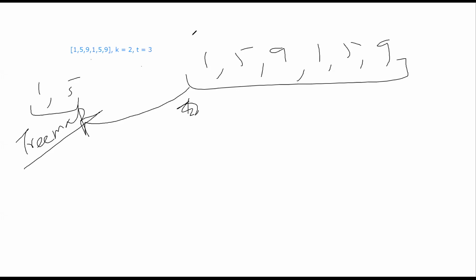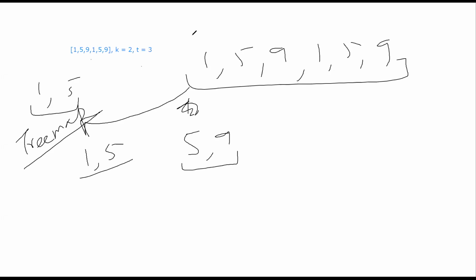That means keep the window only containing two elements. Got it, move the window. So your first tree map will contain elements 1 and 5, and then it will contain 5 and 9, right? Yes.